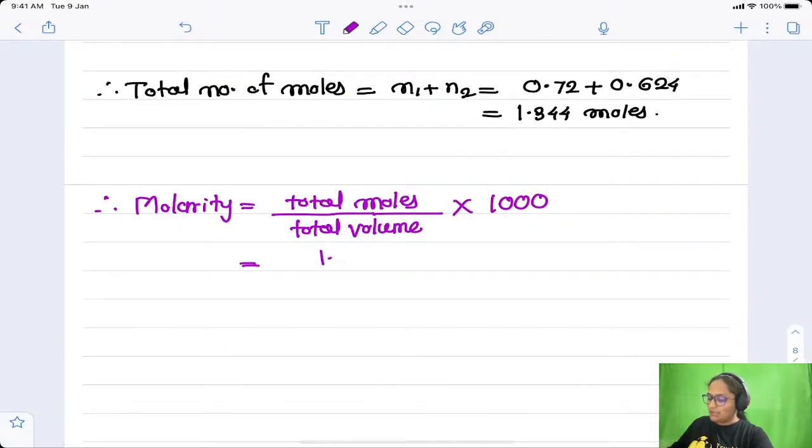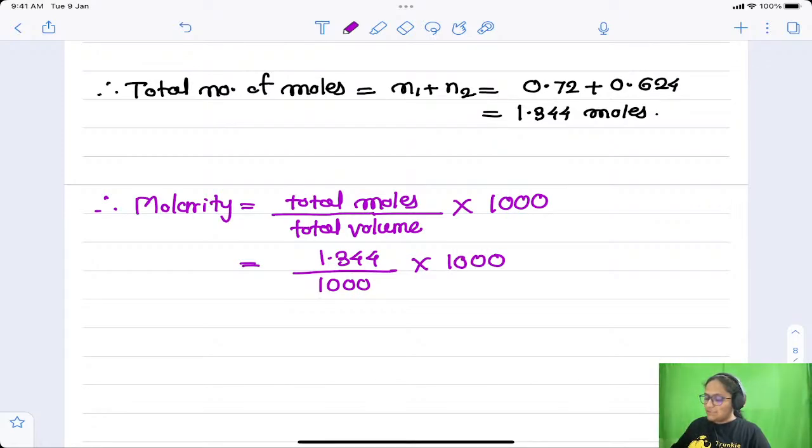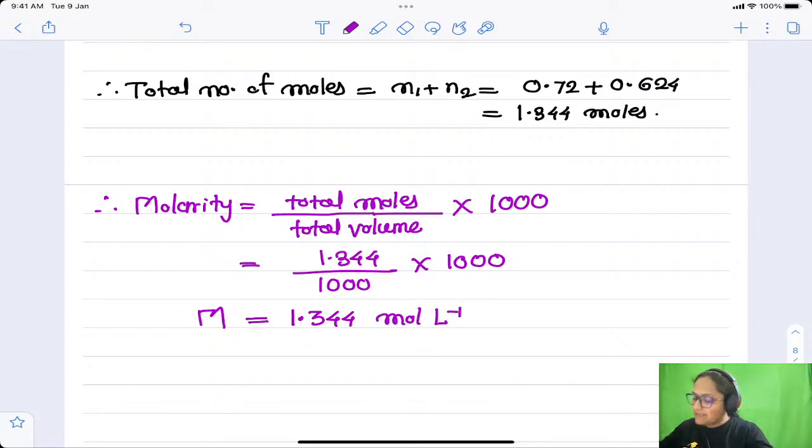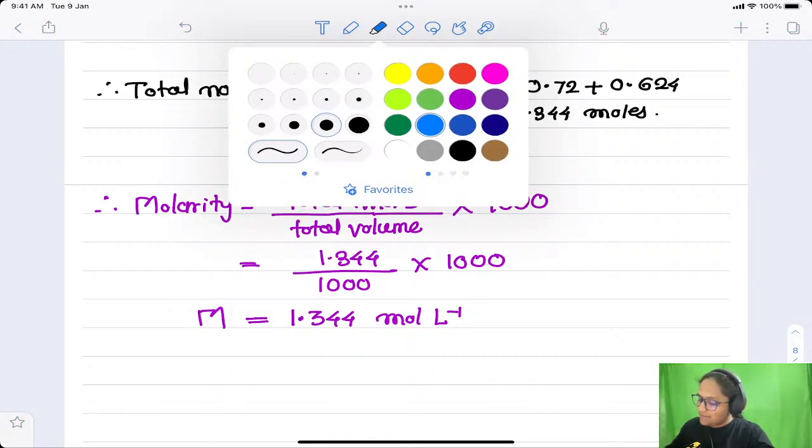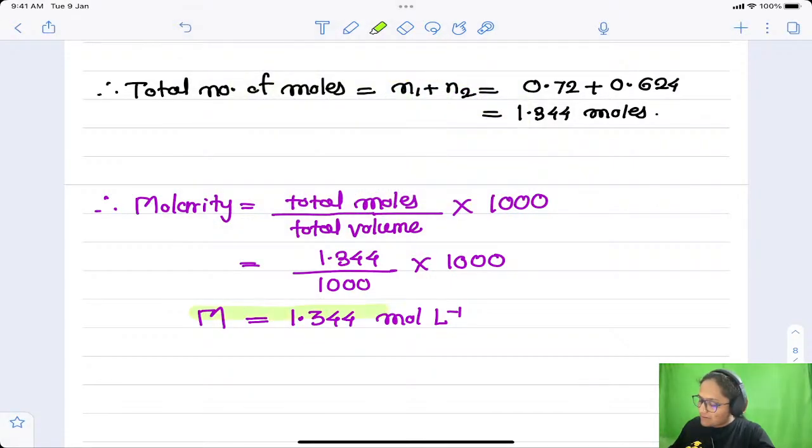Total moles is 1.344, total volume is 1000, multiplied by 1000. So 1000 gets cancelled, therefore the final molarity will be equal to 1.344 moles per liter. So this is the final answer, 1.344 moles per liter. Do you understand?